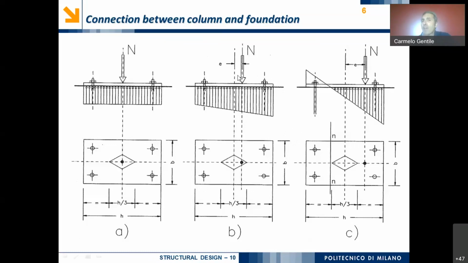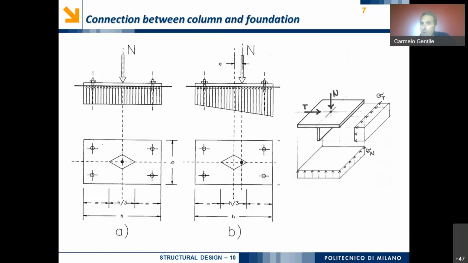They are working not for axial force or for bending, but they are working, for example, in order to resist shear. Okay, otherwise, if we are dealing with a case in which the eccentricity is quite large, now these bolts are useful because they have to support also an axial tension force.